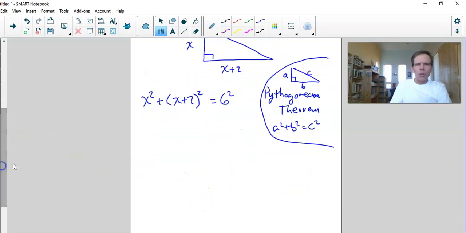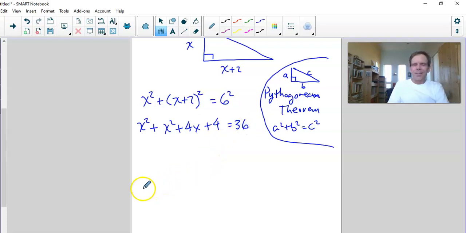All right, so this isn't looking very quadratic quite yet. I can see the x squared, but there's this funny binomial that's getting squared. Let's multiply this out and clean it up and see what we have. So we have x squared, and I've done these a lot so I don't have to FOIL this. I know in my head I can just write x squared plus 4x plus 4, and the square of 6 is 36.